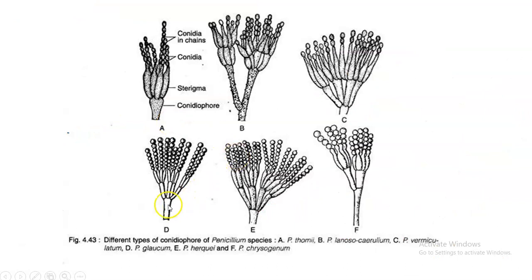From this there has to be what? Medullae. From there, then there has to be this particular phialid formation. Here you can see that. This is the ramus, then this is the medullae, then there is the phialid. But here that phialid is missing, or either the medullae or ramus is missing. So these are the differences in different species.